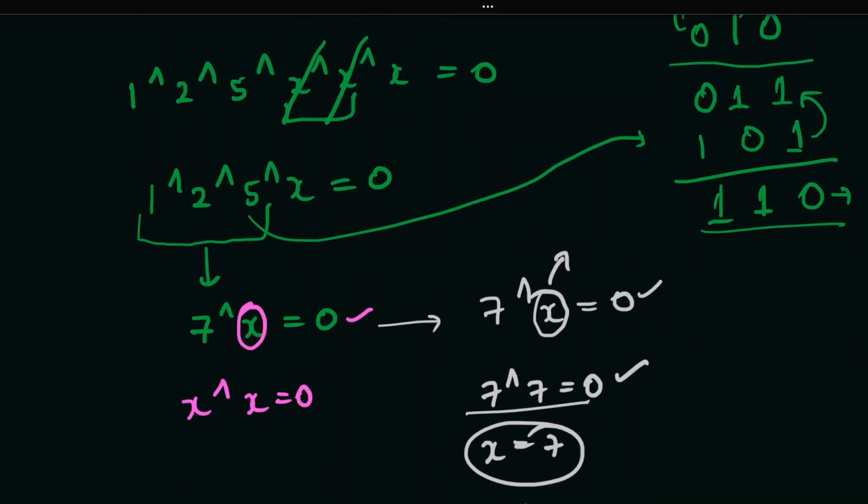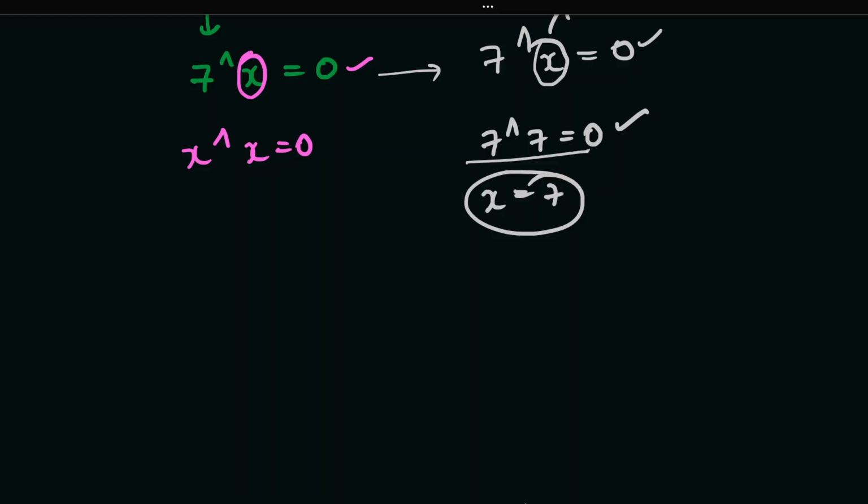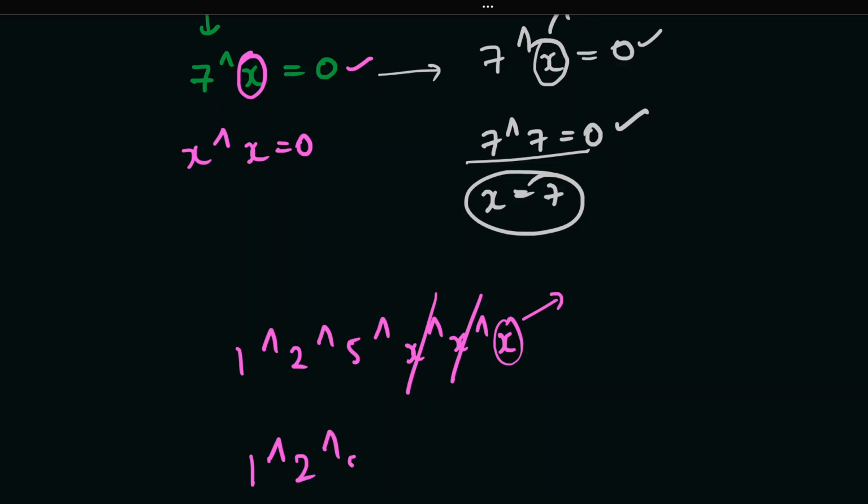So here, what did I actually do? Let me boil this down. 1 XOR 2 XOR 5 XOR x XOR x XOR x. We had this. I cut down all of the x's and I only had one remaining x. So it's like 1 XOR 2 XOR 5 XOR x is equal to 0.